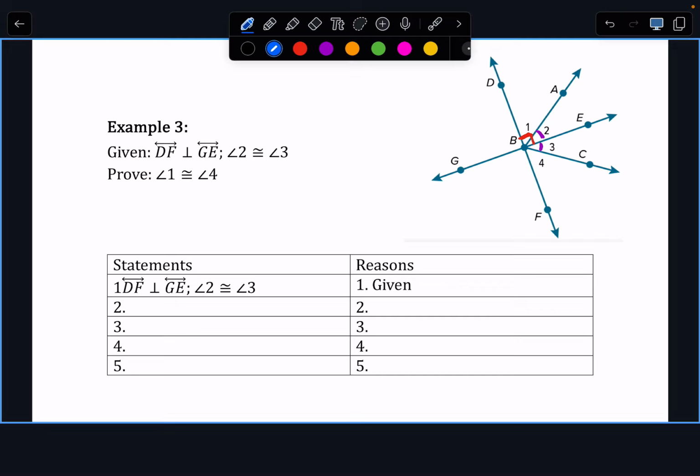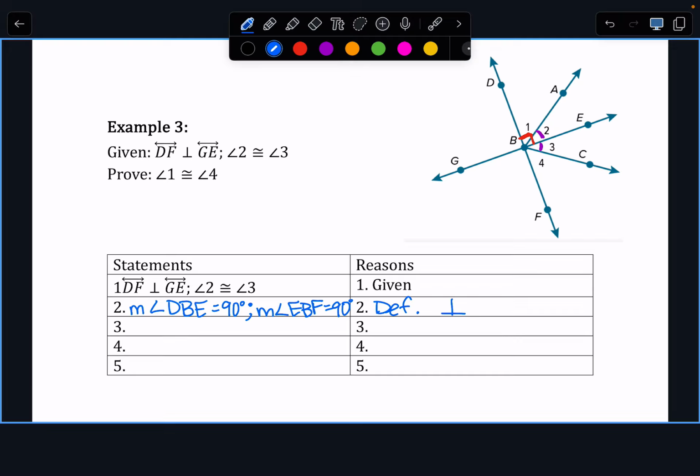So we're going to do the measure of angle DBE is 90 degrees. And the measure of angle EBF is 90 degrees. We're going to put definition of perpendicular. Now, let's take what you're saying with our complementary angles.